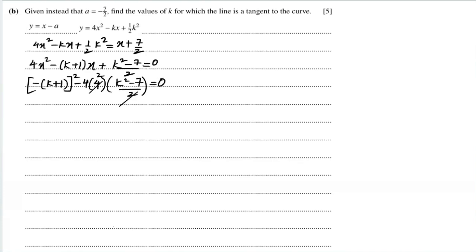Let's simplify, and this will become k squared plus 2k plus 1. Know your algebra. Just simplification and standardizing the equation. So I got 8k squared plus 56 equals 0. This becomes negative 7k squared plus 2k plus 57 equals 0.